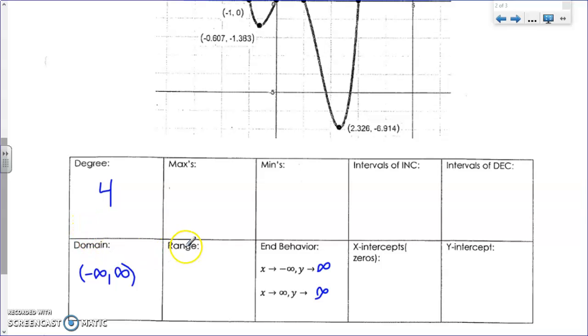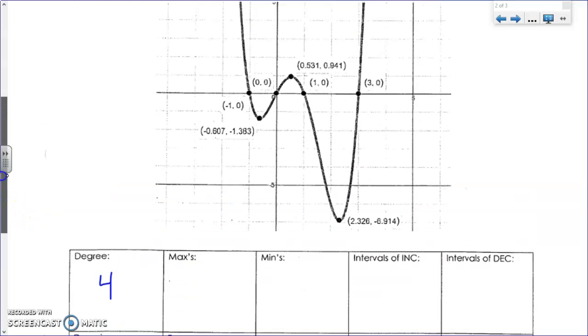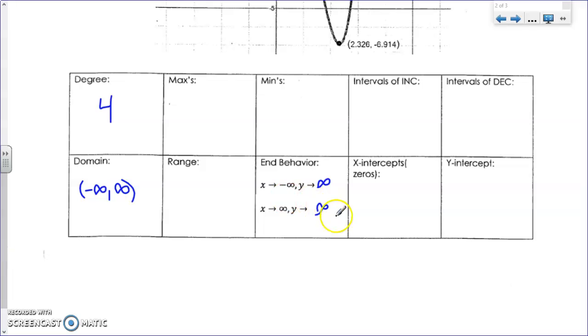Okay, looking at this graph, what are my zeros? X equals 0, negative 1, 1, and 3. And what is my y-intercept? 0. 0, 0, right? 0, 0. Good?